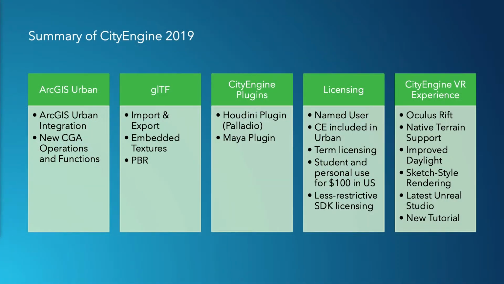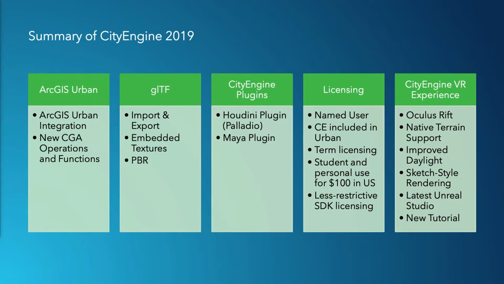So I'd like to summarize. We have this new integration with ArcGIS Urban. We added glTF support and PBR support, a first generation PBR support. We work on CityEngine plugins for other applications. We're doing the same also for Maya; I demonstrated Houdini at this point.